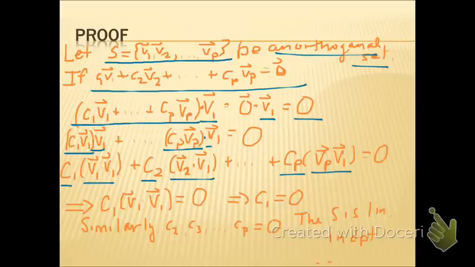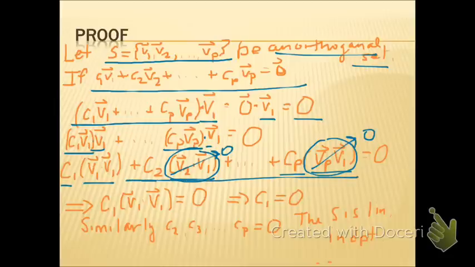Since the set is orthogonal, these other dot products are equal to 0, so all of the terms from c2 to cp give us 0. This implies that we're left with c1 times v1 dot v1 equals 0.